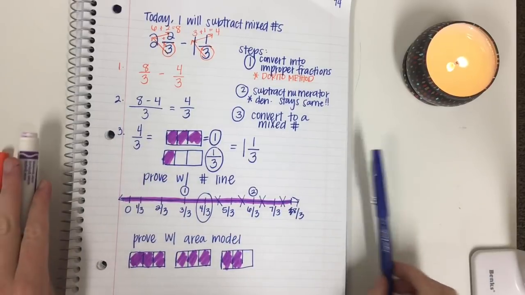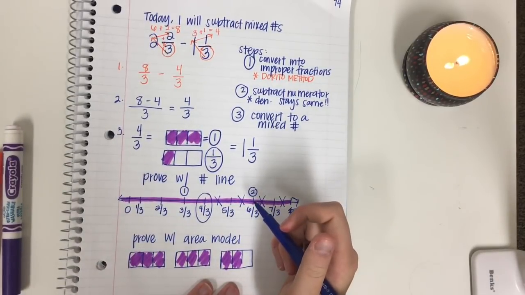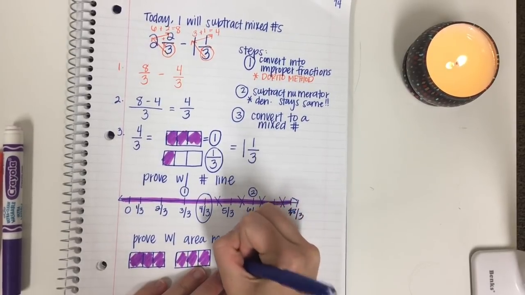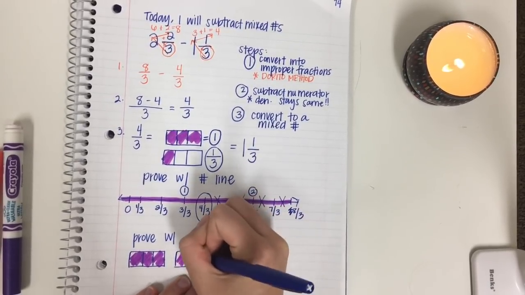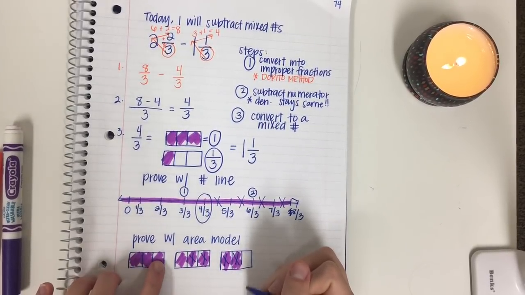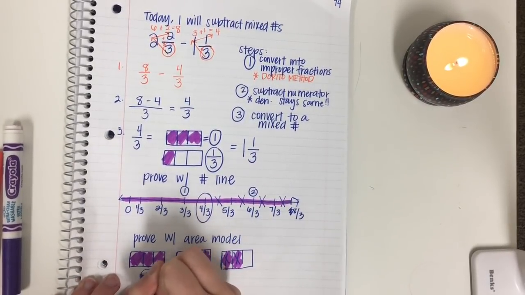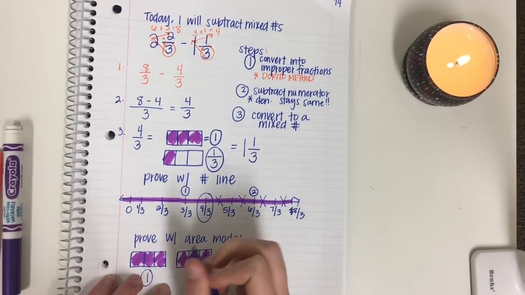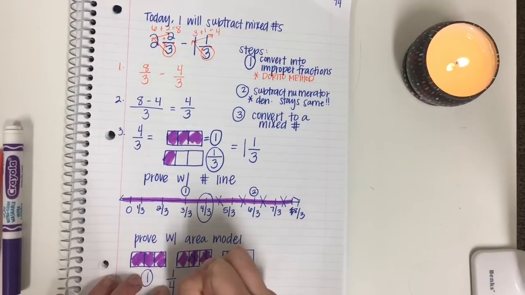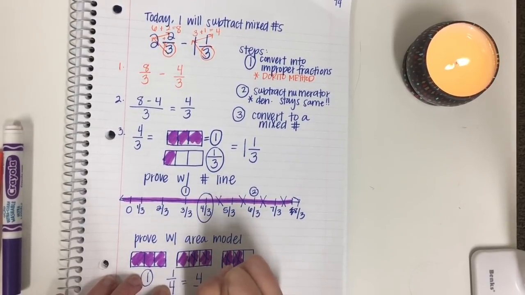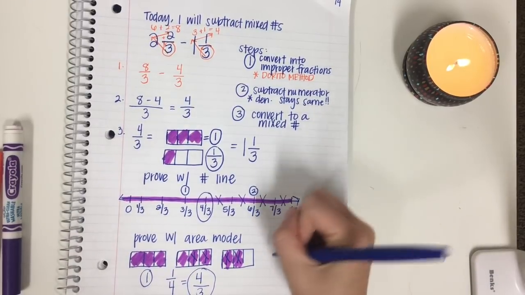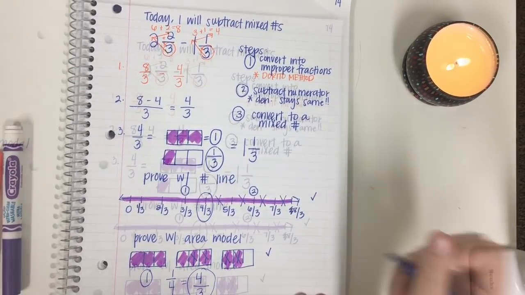Okay, so that's 8/3. I need to subtract how many? 4. So 1, 2, 3, 4, and that gives me what? 1, 2, 3. There's my whole. And my 1/3, which is the same thing as 4/3. So I proved my answer with a number line and with an area model.